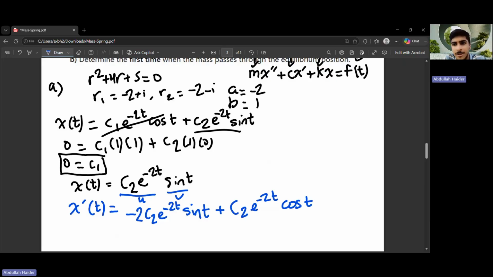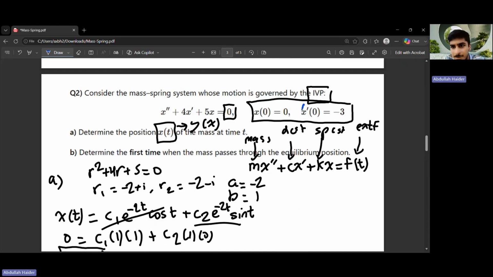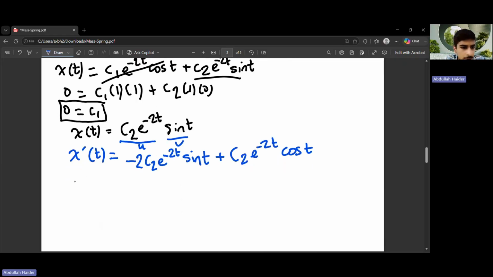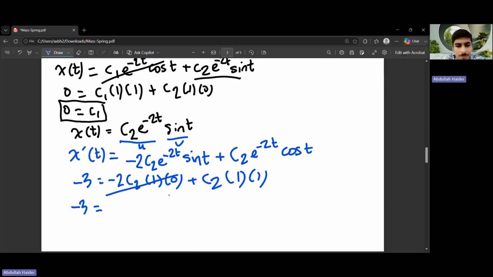Now you can apply the initial condition. X prime 0 is equal to negative 3. So negative 3 is equal to minus 2 C2 times 1 times sine 0, which is 0, plus C2, putting 0 here is 1, cosine 0 is 1. So you get minus 3. Now the whole thing is 0 plus C2. So this is your C2.